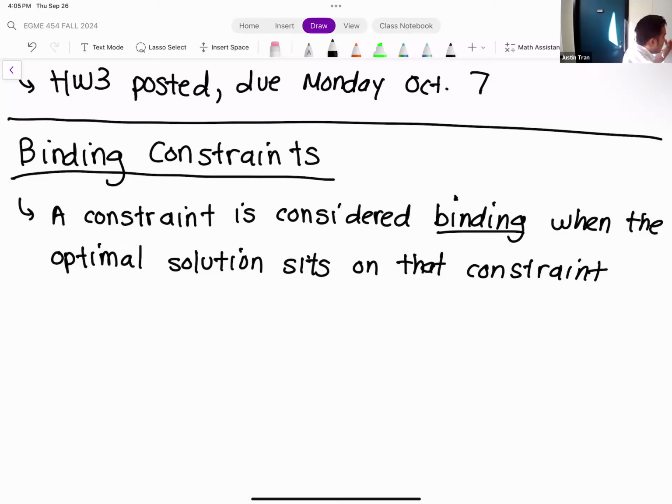Literally, the constraint is binding the optimal solution. All equality constraints, every constraint defined by an equal sign, are inherently binding because they require that your solution is bound to that constraint.